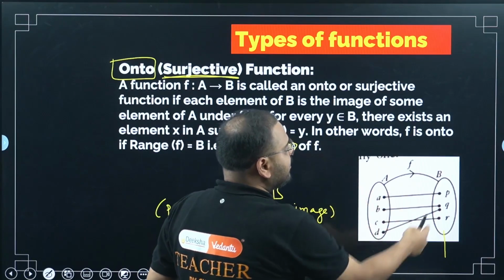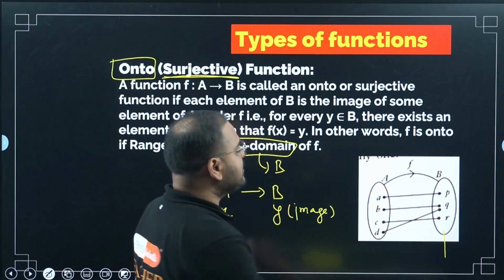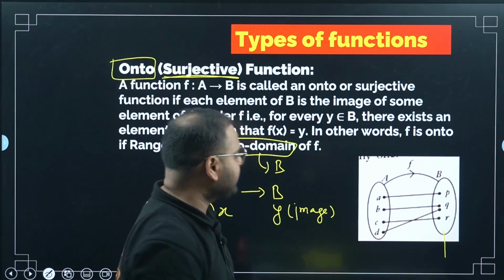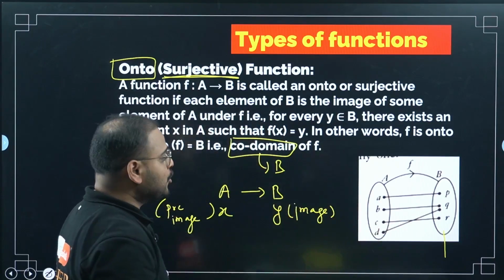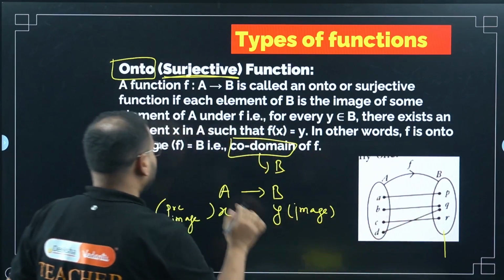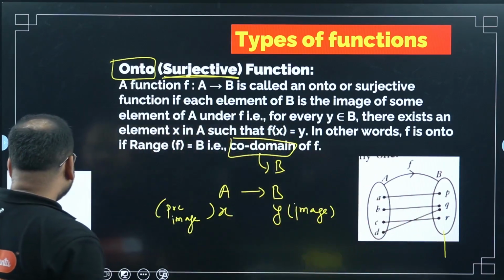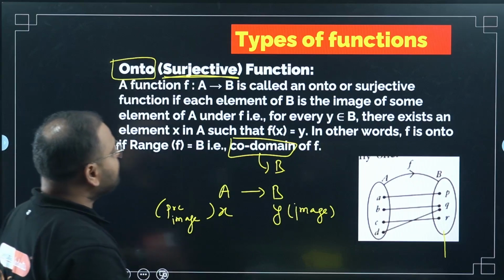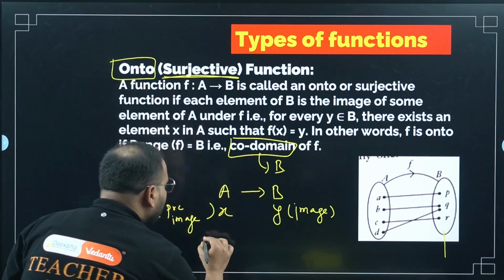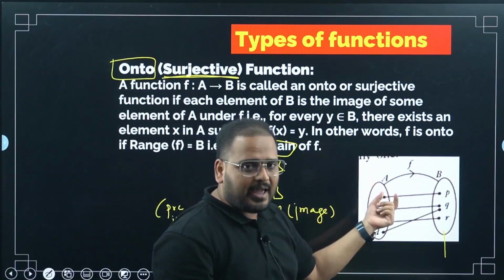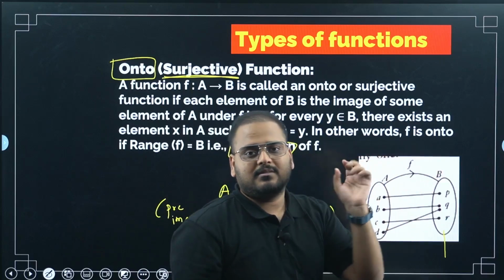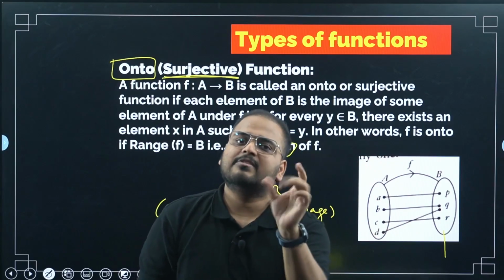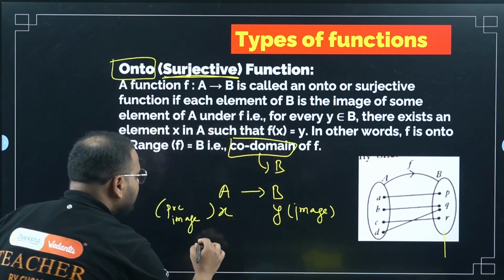For P I have A, for Q I have B and D, for R I have C. Now let me write all the ordered pairs. We learned relations, ordered pairs. First we take an element from A and then an element from B. Wherever the relation exists, it's called an ordered pair. How will I write it?